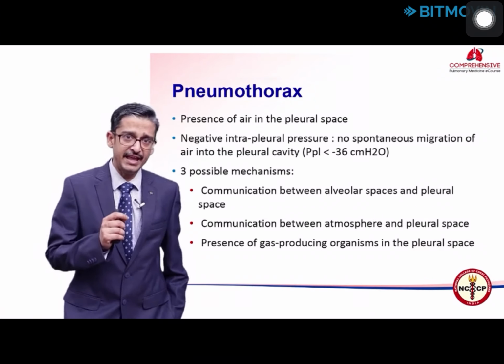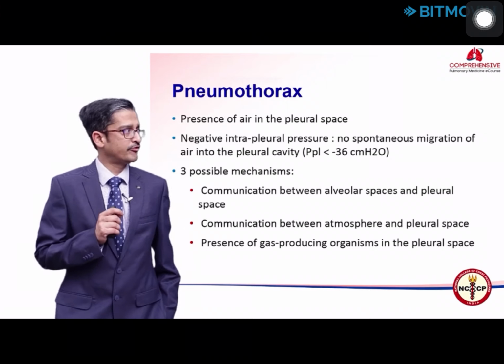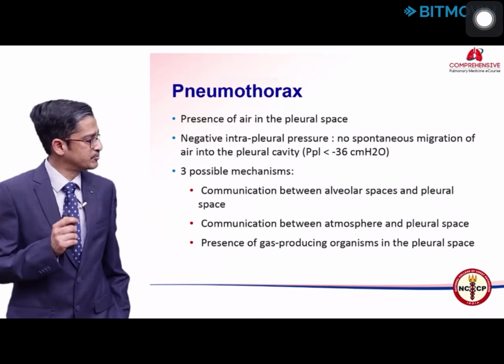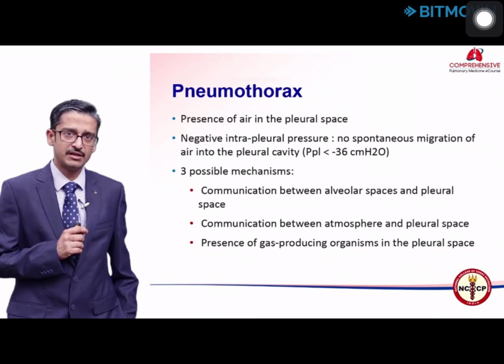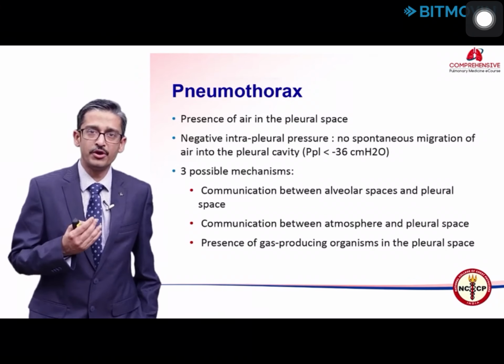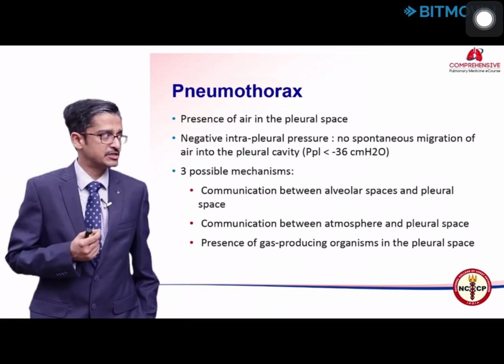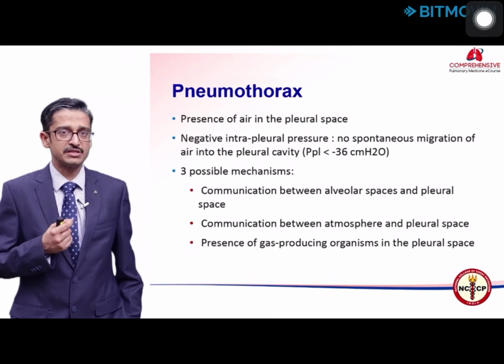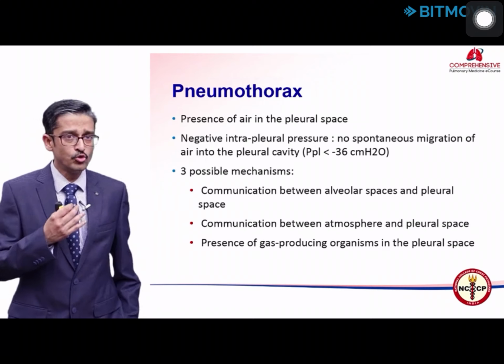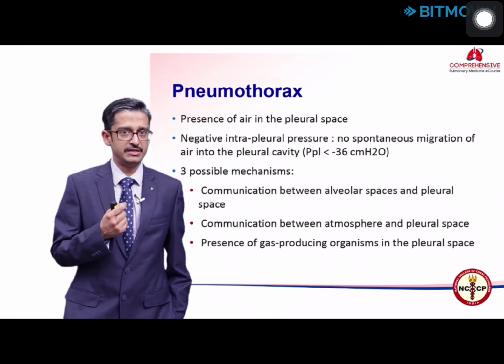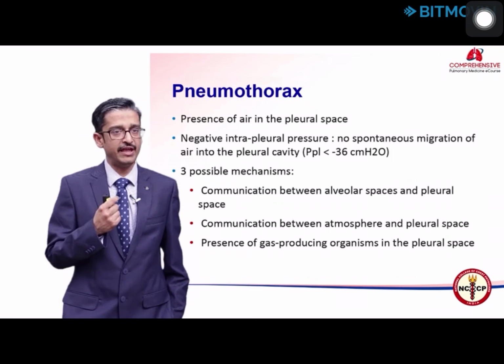Second, if there is air coming in from outside, so if you have a communication between the atmosphere and the pleural space. And third, which is more a theoretical and a very rare possibility, is the presence of gas producing organisms in the pleural space. So, those are the theoretical possibilities by which you can have air in the pleural cavity.